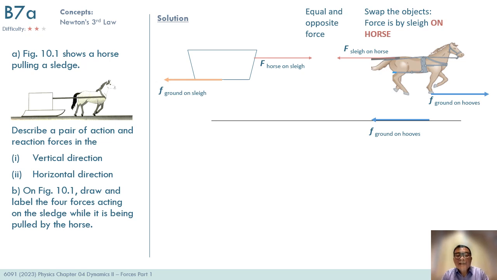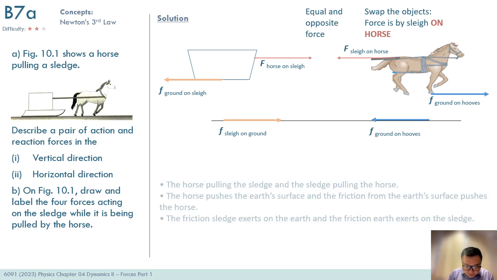A third pair of forces: as the sleigh is being dragged along the ground forward, on the sleigh itself there is a frictional force that opposes this motion, that is backwards. I've drawn it in orange. Same thing, reverse the arrow direction, swap the objects to get a forward force on the ground, acting on the ground by the sleigh.